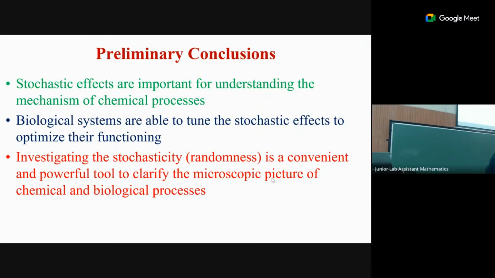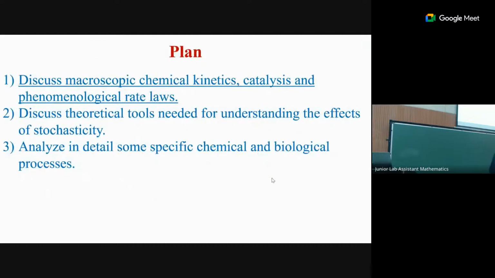So stochasticity is important, and it should be important also for biology, because biology is a lot of chemical reactions. Somehow, many biological systems are able to tune stochastic effects to optimize the function. And we argue that investigating stochasticity or randomness is an important tool for understanding the fundamental principles of biological and chemical processes. So that's what we are trying to do.